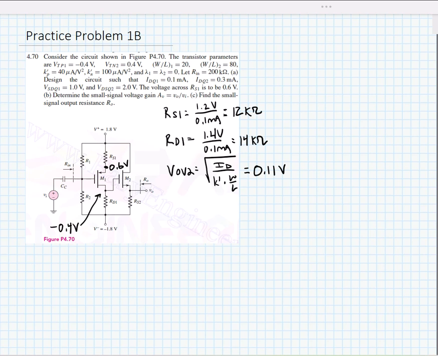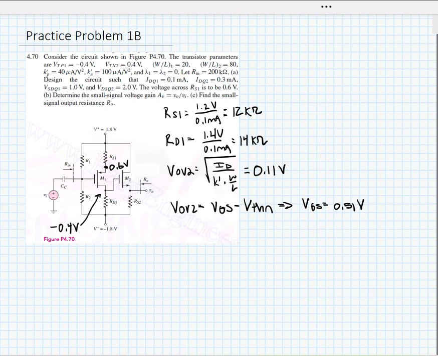We know that VOV2 is equal to VGS minus VTH. We can say that VGS is equal to 0.51 volts.